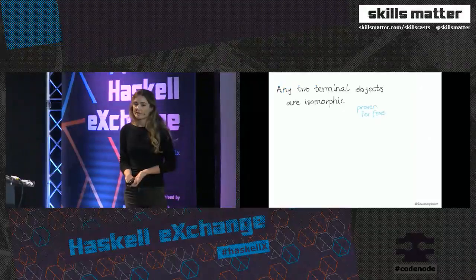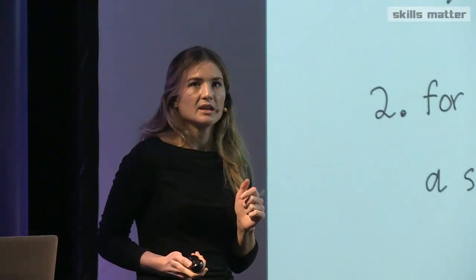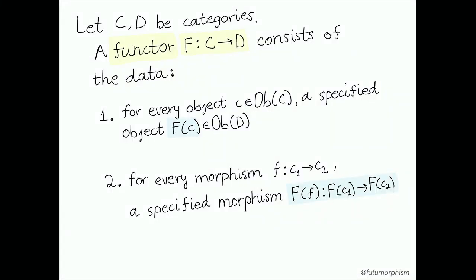So categories are mathematical objects of themselves. So there is a category whose objects are categories. But what are the morphisms between categories? Well, they are functors. So a functor is a transformation of one category to another category. And it needs to preserve the structure of the category. And by structure, we mean the identities and the composition. So this is the definition: a functor F from C to D consists of two pieces of data.